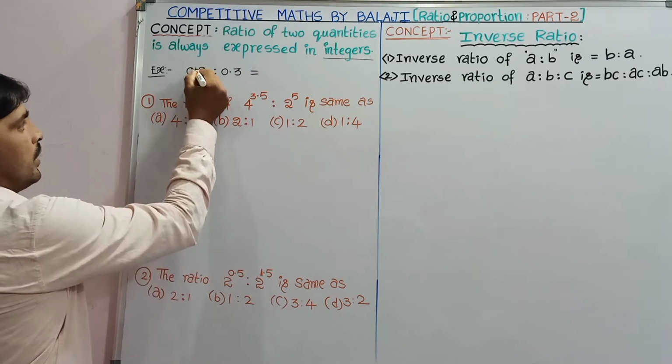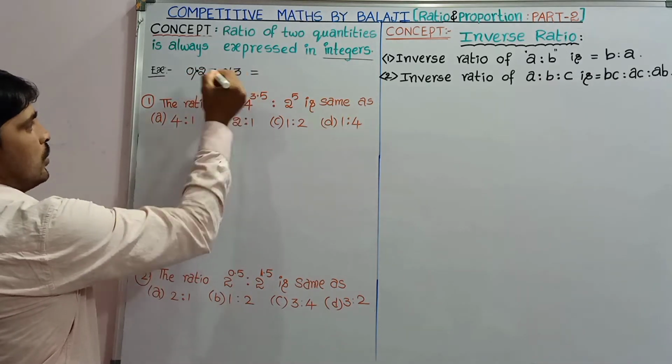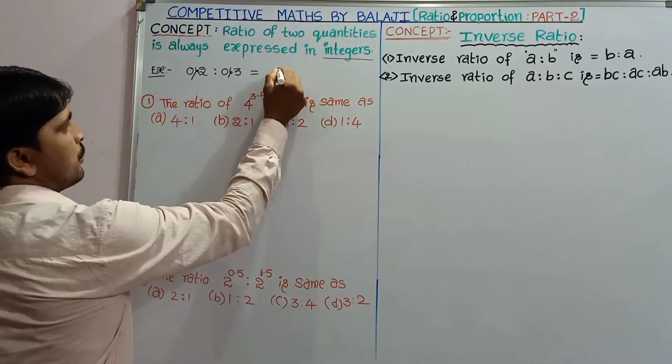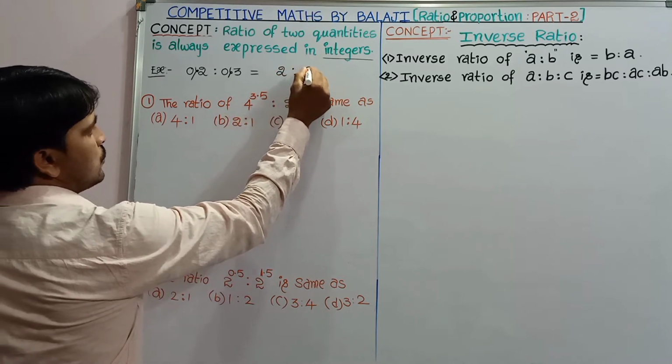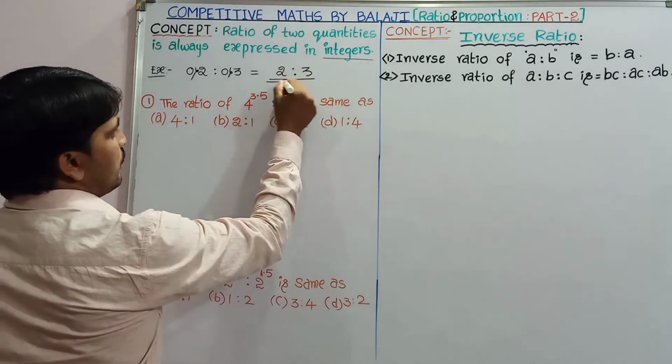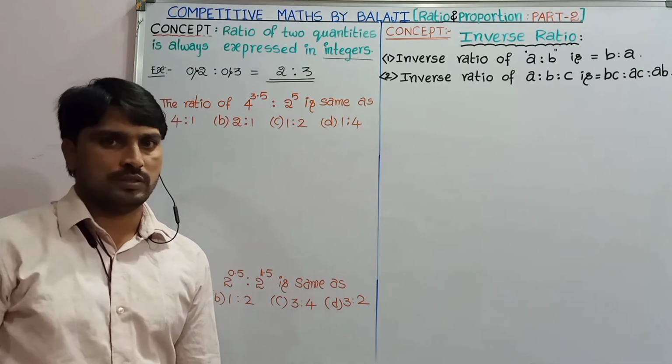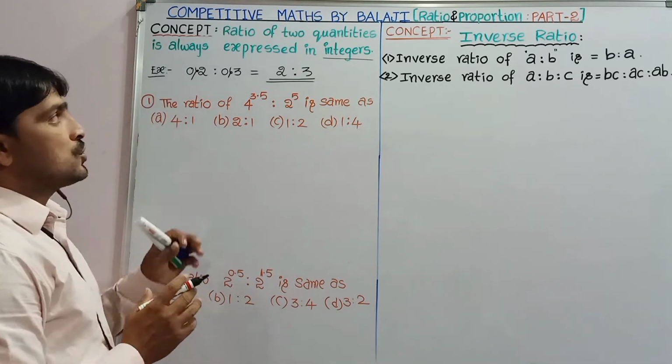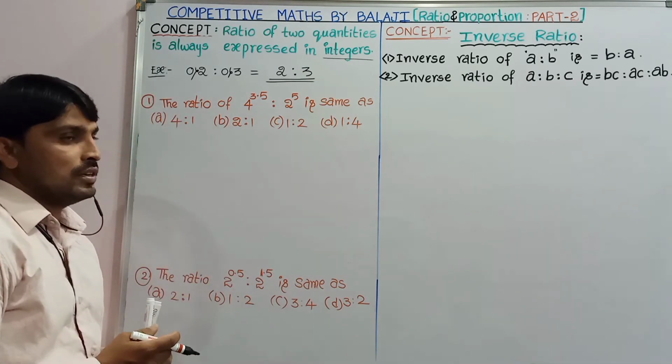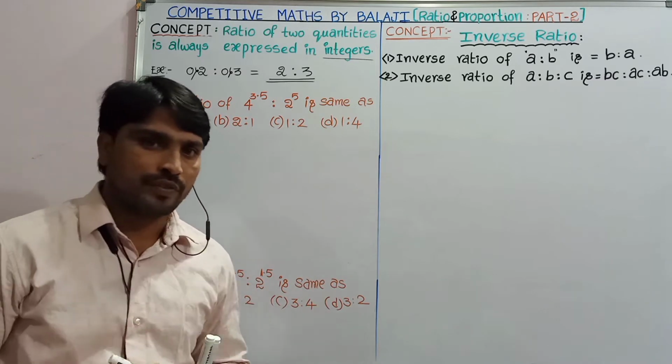So for decimals, one decimal gets cancelled in both terms. What we get? 2 is to 3, where 2 and 3 are integers. Like this, the ratio of two quantities is always expressed in terms of integers.